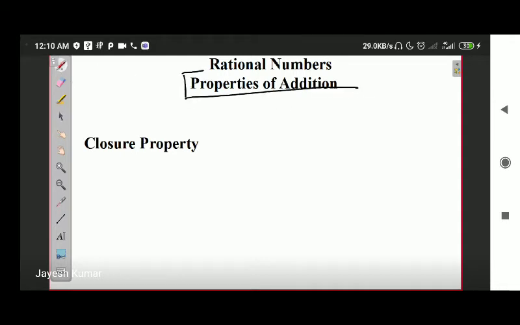So we'll start with the first property, that is closure property. So what is closure property?